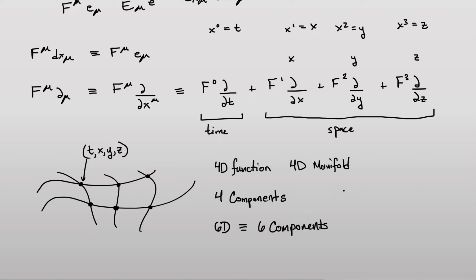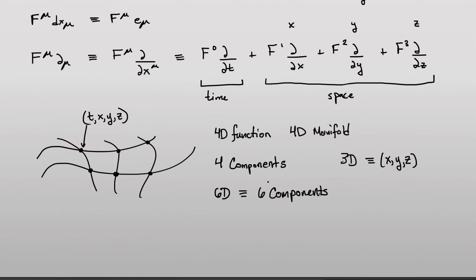In 3D space, that one's easy to visualize. This one has 3 components, right? It has the x, y, and z component. So this is a sort of new way of thinking about dimensionality that will most likely help us in understanding GR. Okay, but let's get back to these derivatives, these partial derivatives.